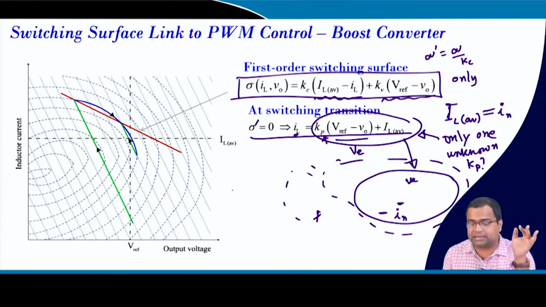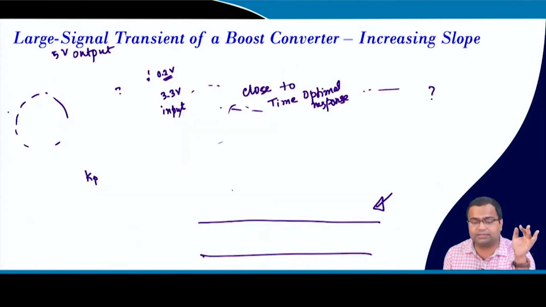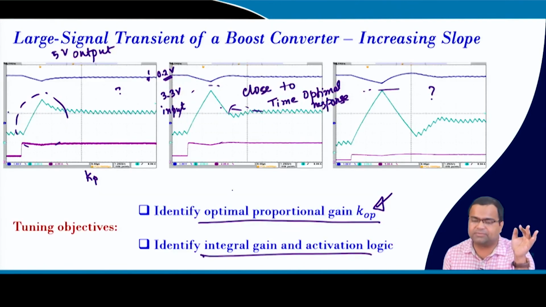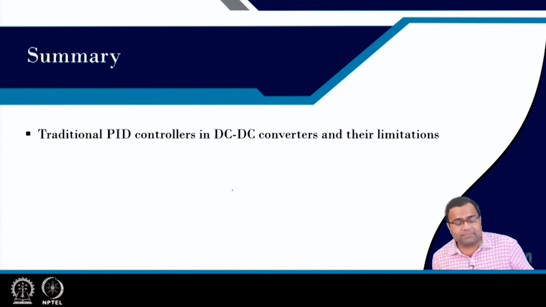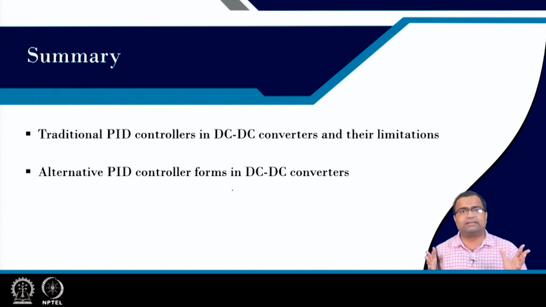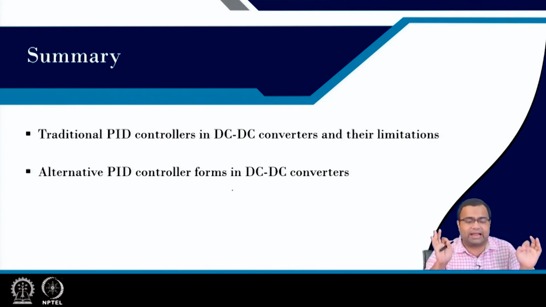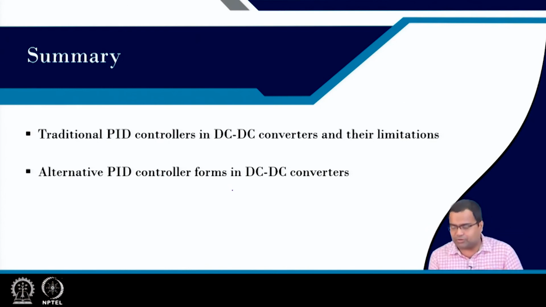So, our ultimate tuning objective is to find this optimal gain, and that we have discussed. So, in summary, the traditional PID controller in DC-DC converters and its limitations we have discussed, and we saw that a direct derivative can introduce significant noise and we have to be very careful, but the alternative PID controller was useful, and that can take the structure of current mode control with load current feed forward, where our ultimate objective is to get the right gain of the proportional controller.